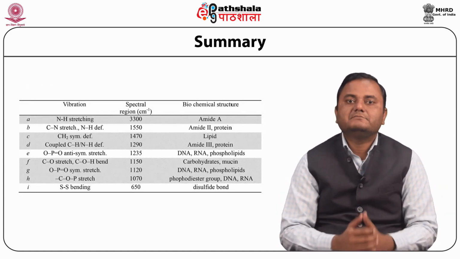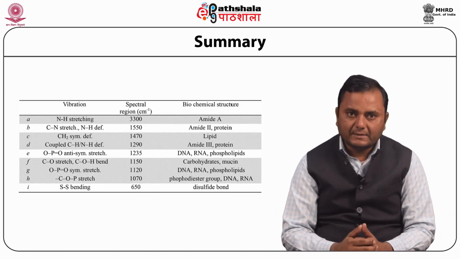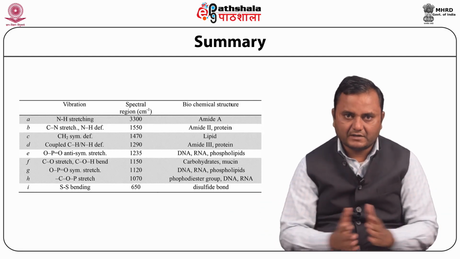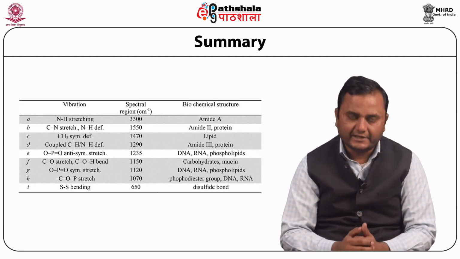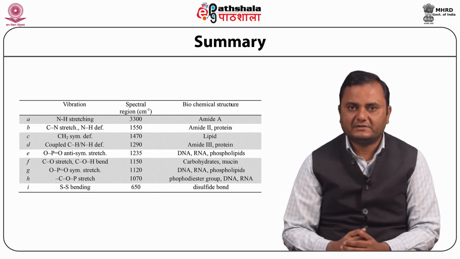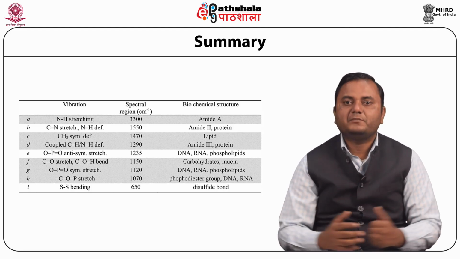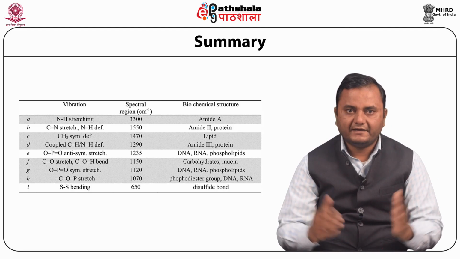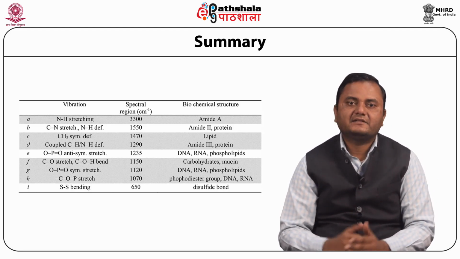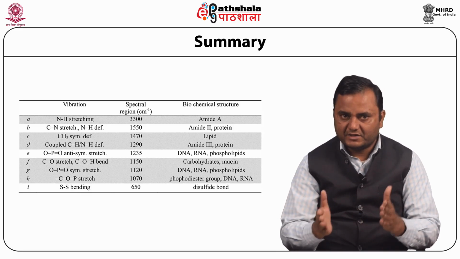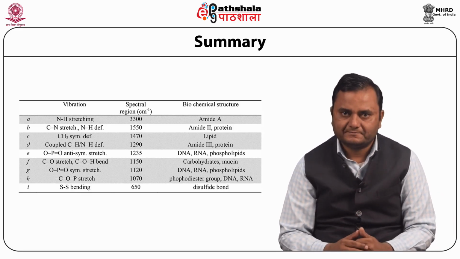As far as biological macromolecules are concerned, they also have different kinds of chemical components, and that's what you get as the signature of the biological molecules in different forms. For example, the amide A band appears at 3300 per centimeter, and it is because of the NH stretching.